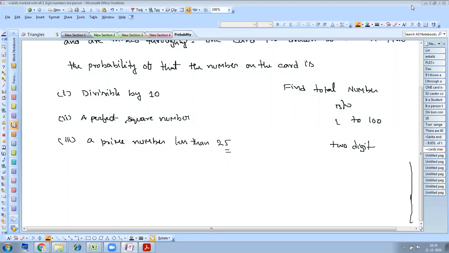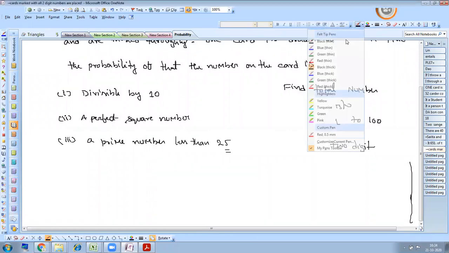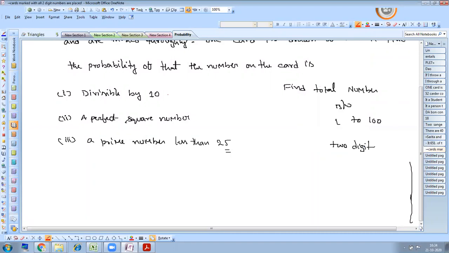There are 10 numbers which can be divisible by 10. Sir, for the prime numbers question, is it 5 by 90? Correct. 1 by 10, the answer is 0.1.